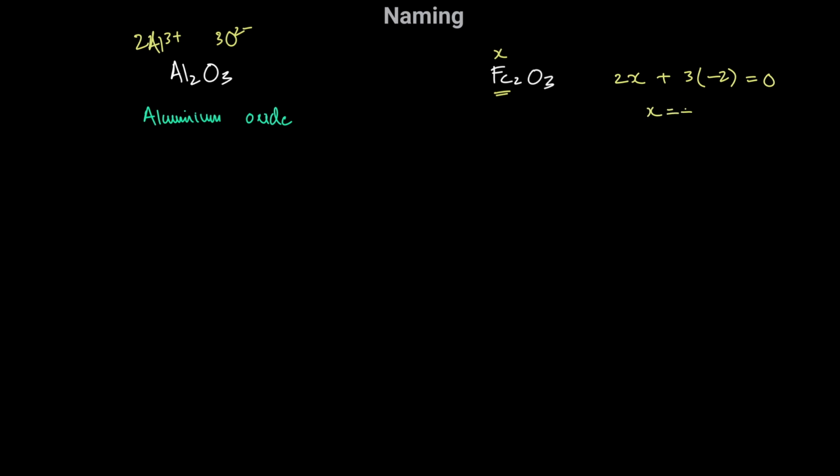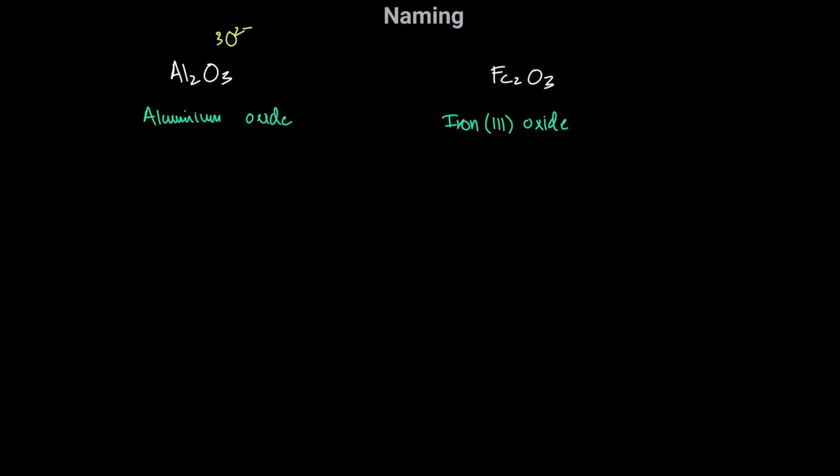So X comes out to +3. So the oxidation number of iron here is +3, and this would be iron 3 oxide. We have two Fe3 plus and three O2 minus, so that would be iron 3 oxide.